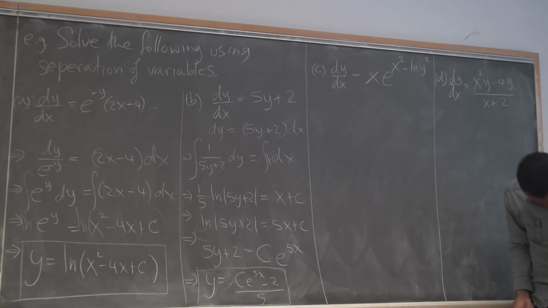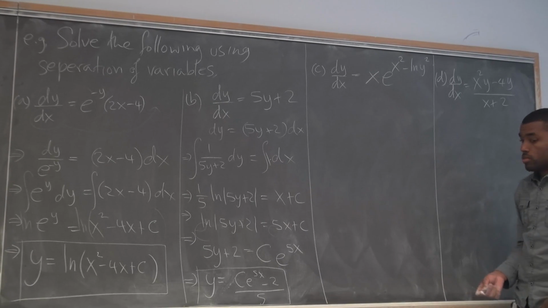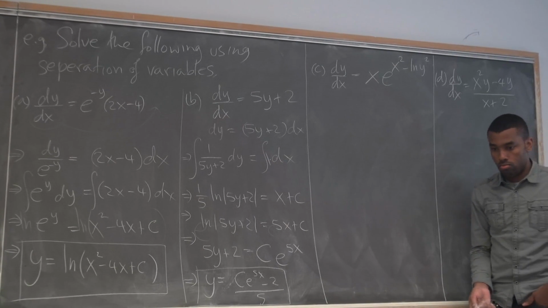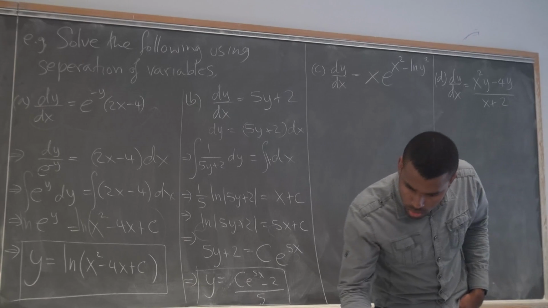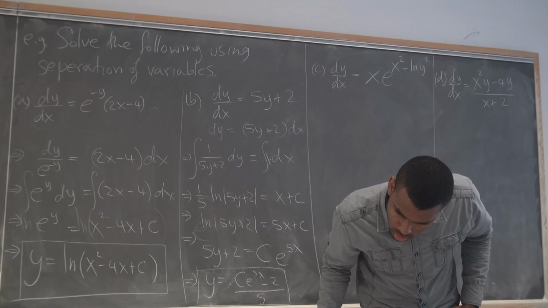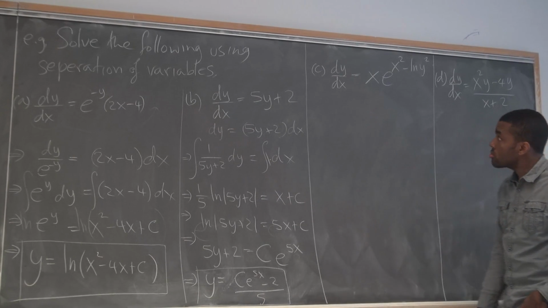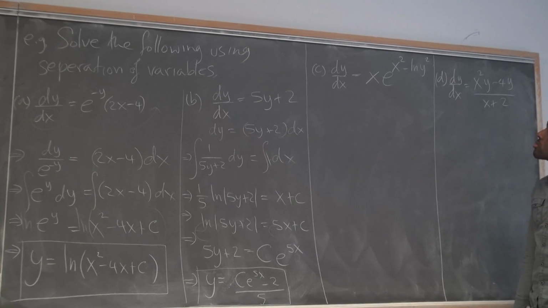What about this guy? Divide e to the x squared minus ln y is 1.